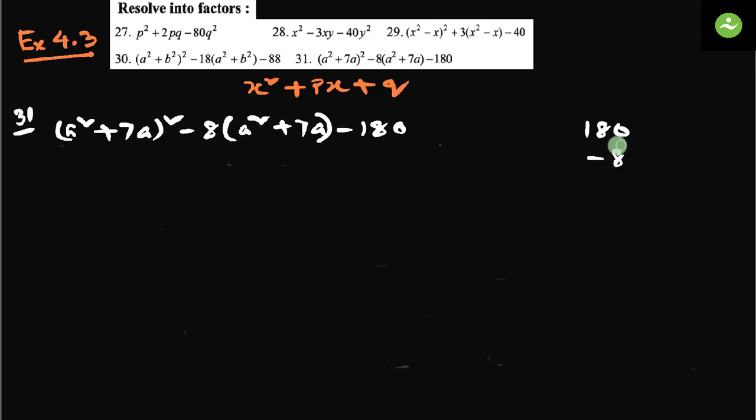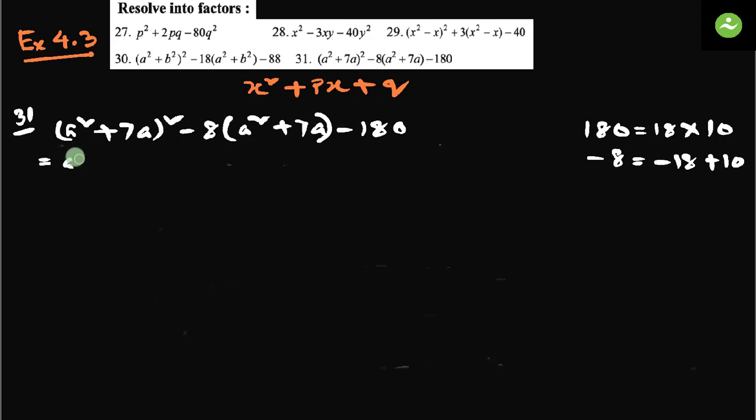So we have to select two factors, the product of which is 180 and the sum of which will be minus 8. How about 18 and 10? 18 into 10, minus 18 plus 10.